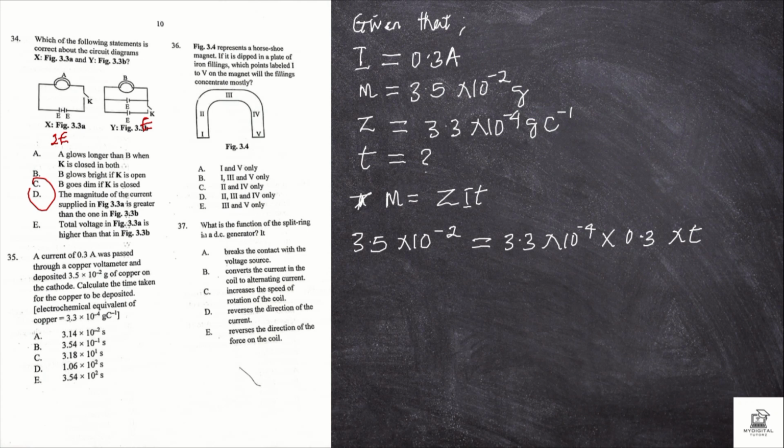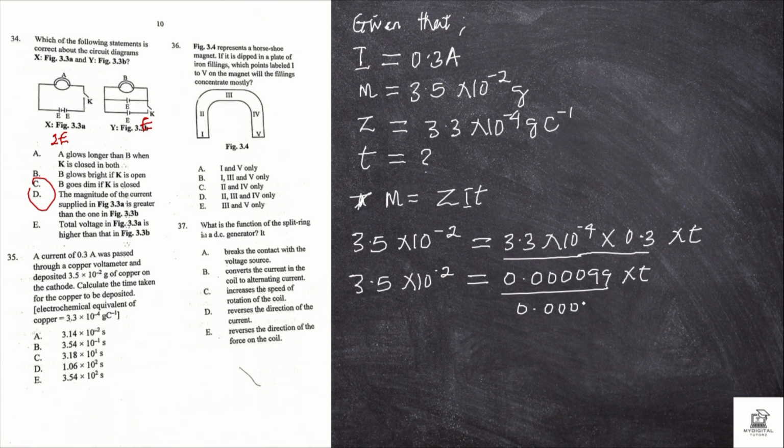Let's make T the subject of the formula. Multiplying this by this should give us 0.000099 multiplied by T.